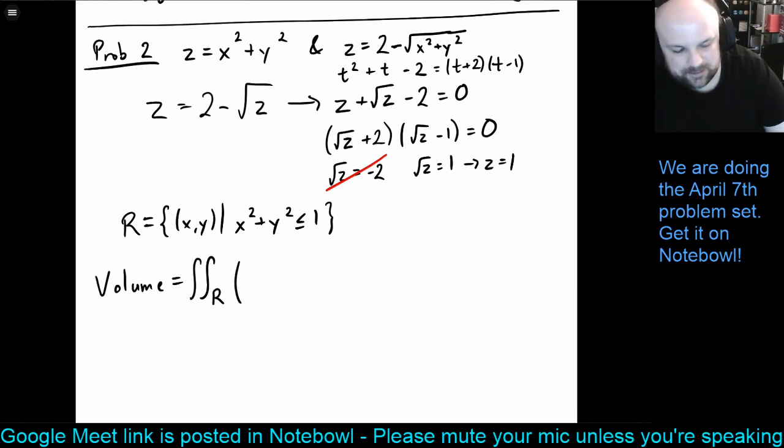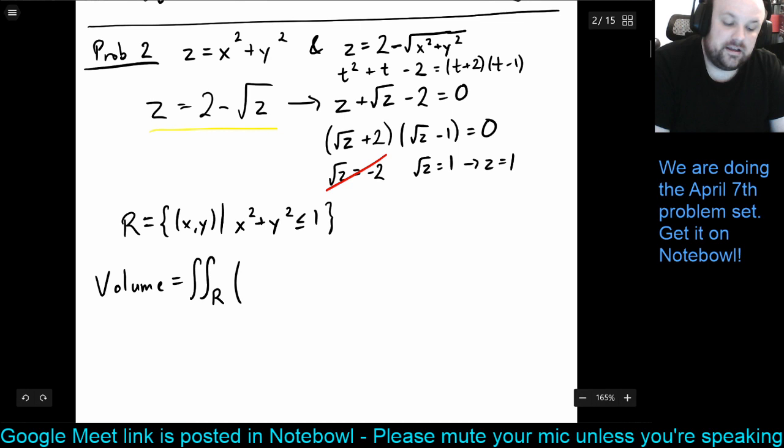So let me re-explain real quick what I did here. I'm trying to solve for z, because that's going to be the easier one to solve for. I took this equation and replaced x squared plus y squared with z, and I get this right here.